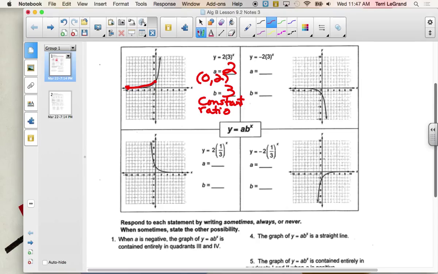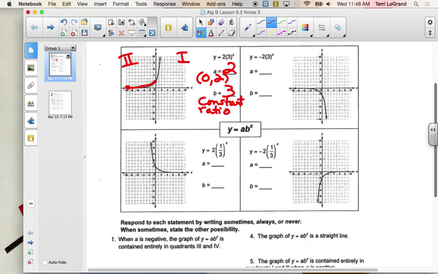It will never ever cross it and go down into quadrant 3. It will always stay up in just quadrants 1 and 2. Why don't you mark those quadrants up there? It will always stay in just quadrants 1 and 2 in this case.